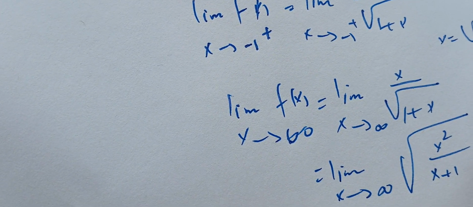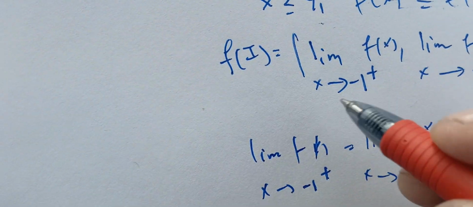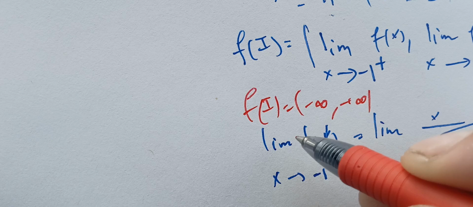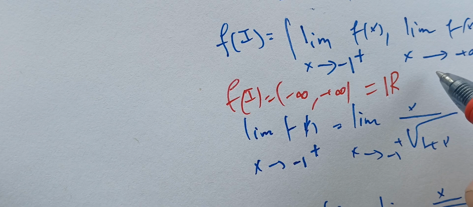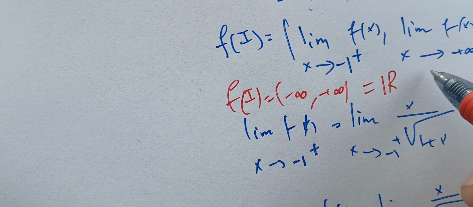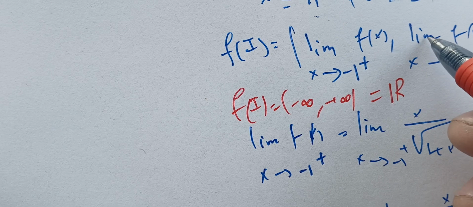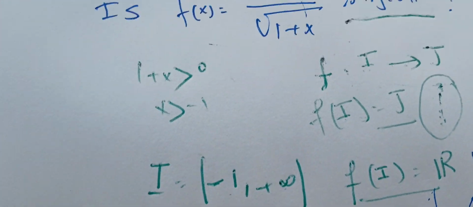So f of I is (-infinity, +infinity). That means it's the whole set R, and this means that f is surjective. So this is a different way of proving that f is surjective.